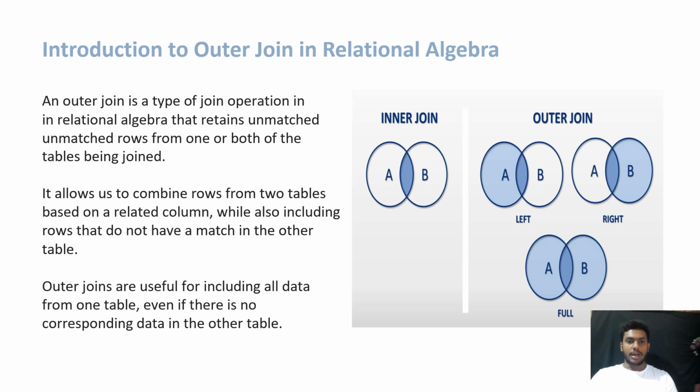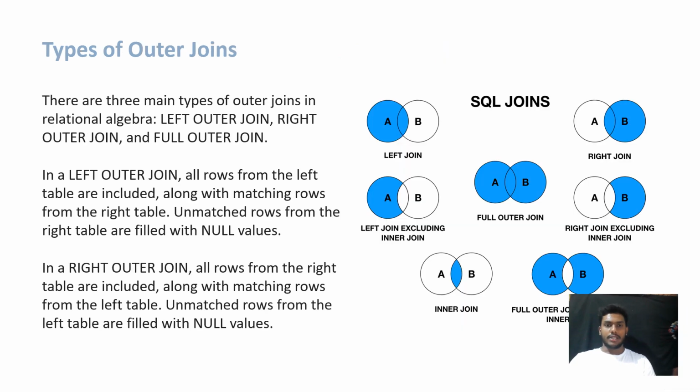It allows us to combine rows from two tables based on a related column while also including rows that do not have a match in the other table. Outer joins are useful for including all data from one table even if there is no corresponding data in the other table.